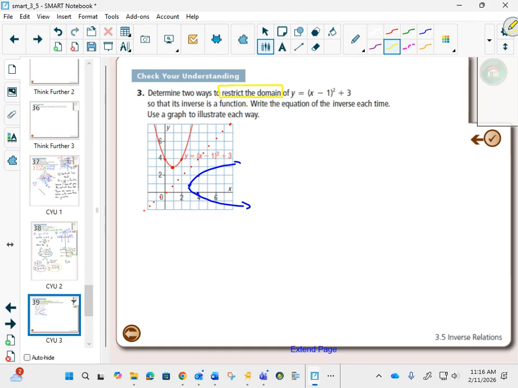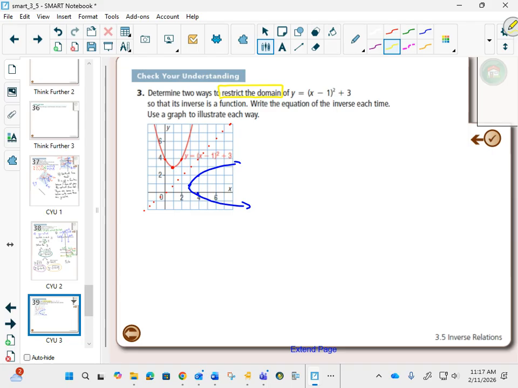Like if I erased part of the parabola, how much would I have to erase so that I could pass the horizontal line test? Does it make sense that if I erased half of it, then it would pass the horizontal line test? That's what we're going to do.